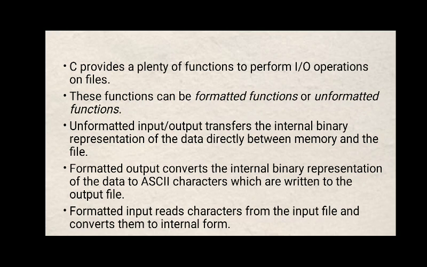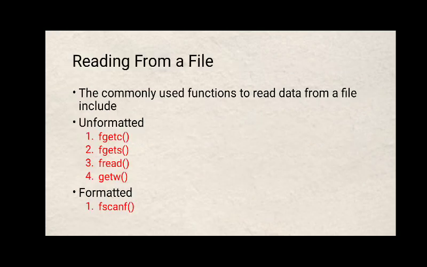Now moving on to the various functions that are used to read data from a file. They are broadly categorized into formatted and unformatted. In unformatted, you have four functions: fgetc, fgets, fread and getw.